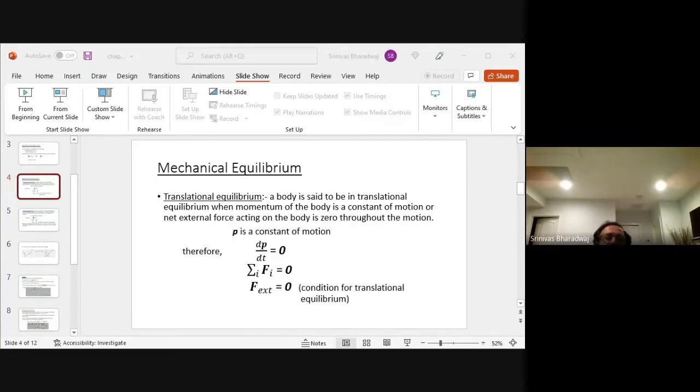The same is true about the ladder problem. In the ladder problem, the ladder experiences many forces. We are saying that this surface is smooth, but this surface is rough. As a result, on this side there is an N2, normal force. On this side also there is an N1, but there is also an F, static friction.